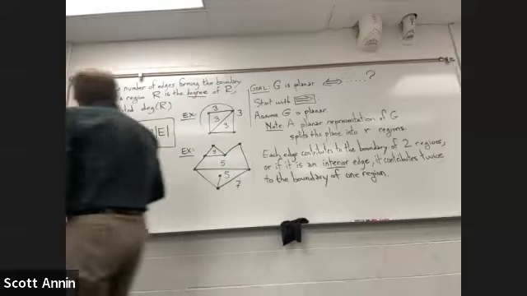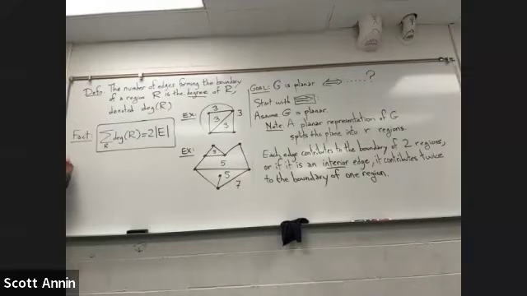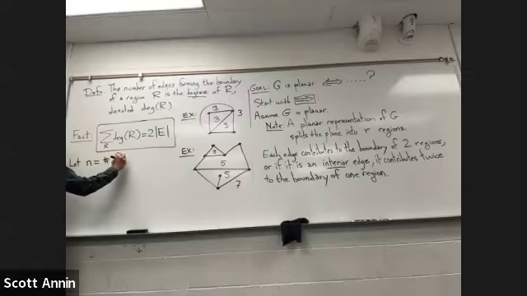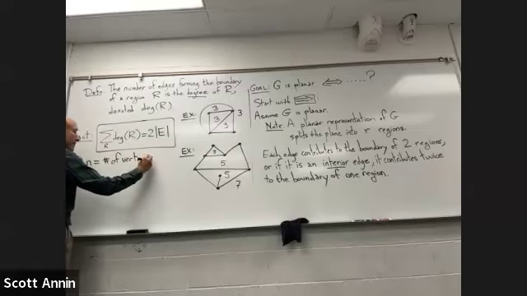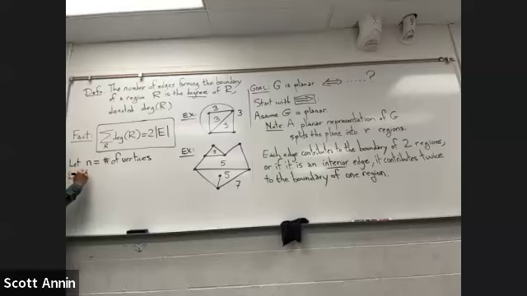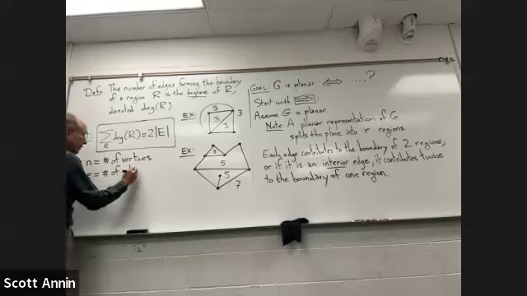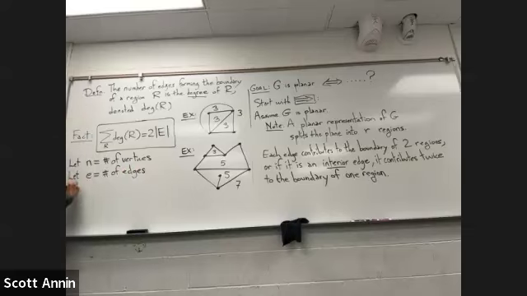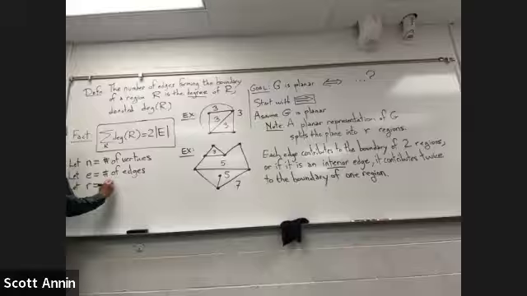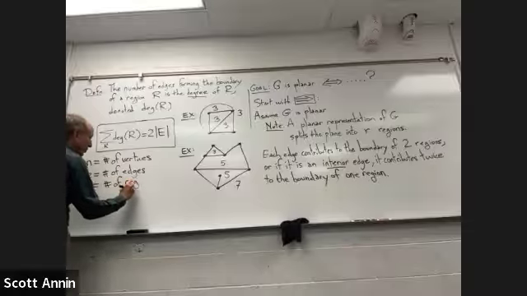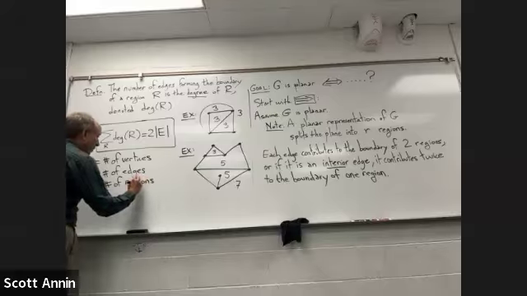Okay. Now, a little bit of notation here. I'm going to let n be the number of vertices in our graph. I'm going to let little e be the number of edges in the graph. And then I'm going to let little r be the number of regions in the graph.